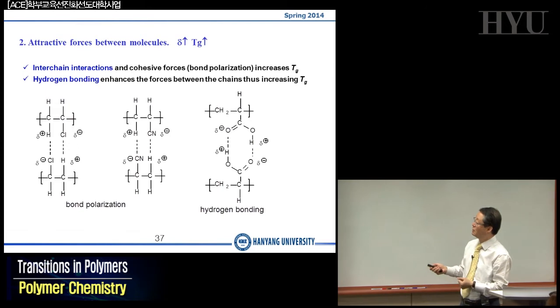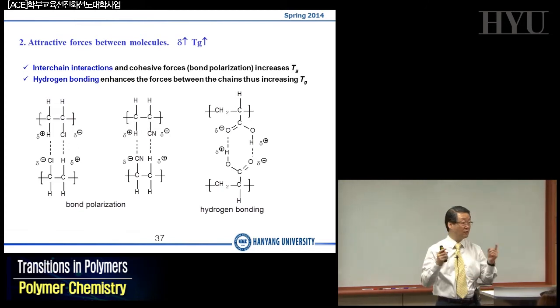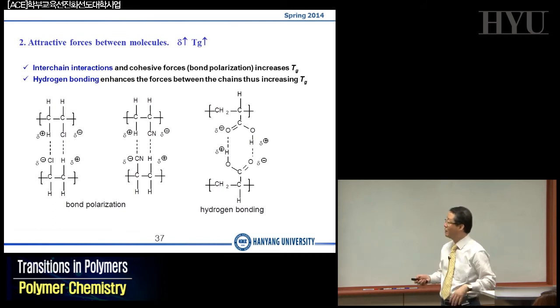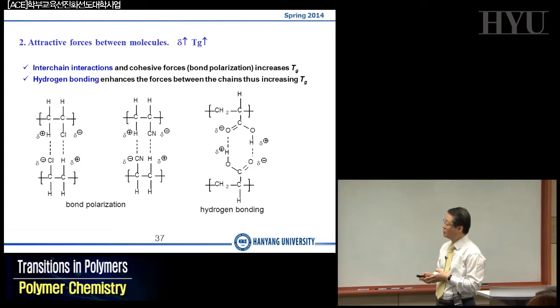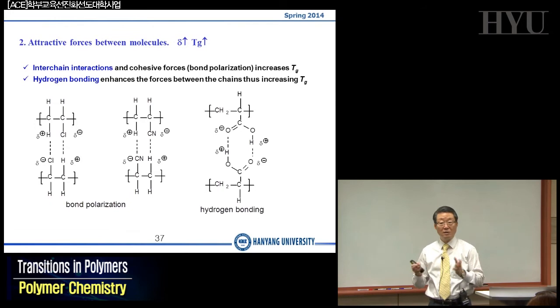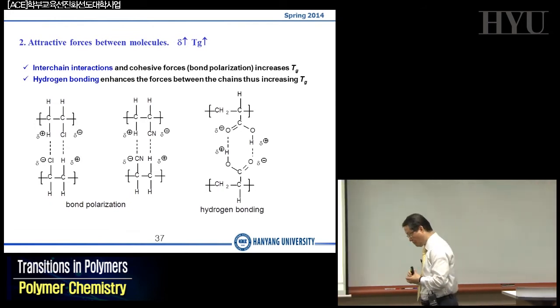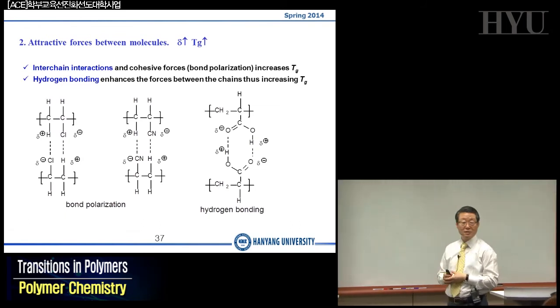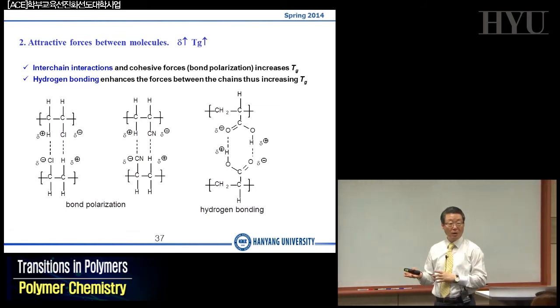The second factor influencing the glass transition temperature is attractive forces, such as hydrogen bonding or interchain interactions. If you have dipole-dipole interactions, such as in PVC, polyacrylonitrile or acrylic acid, they have hydrogen bonding or dipole-dipole interactions.